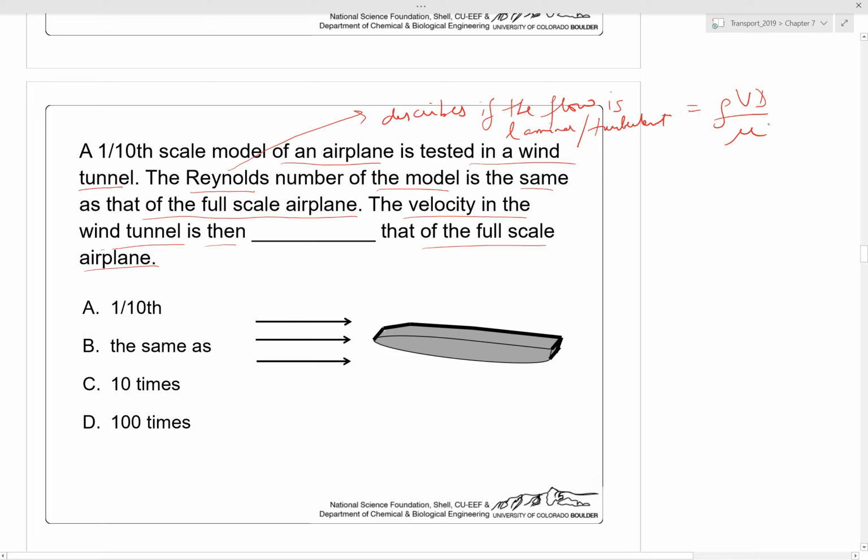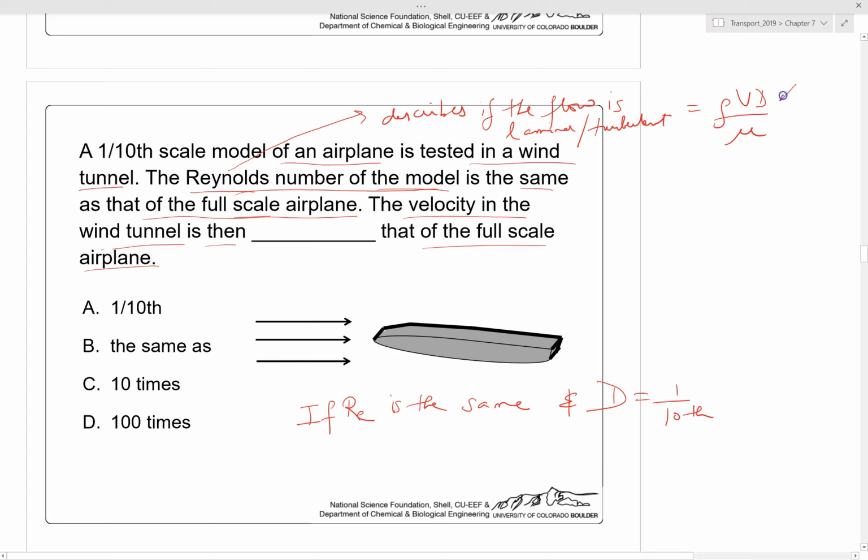So in this particular case, the Reynolds number between the model and the prototype, in this case the model and the airplane, has to be the same, and you have the diameter equal to 1/10, right?